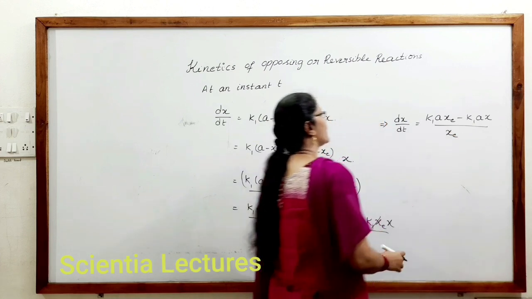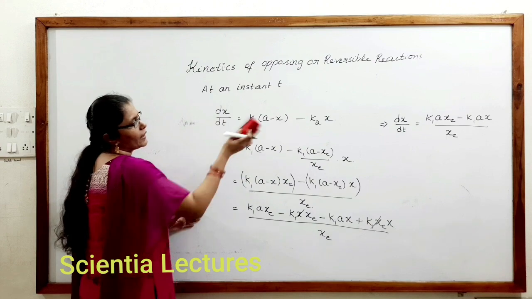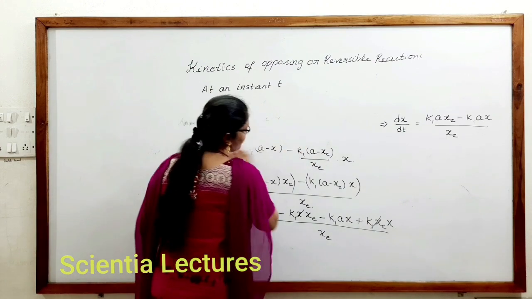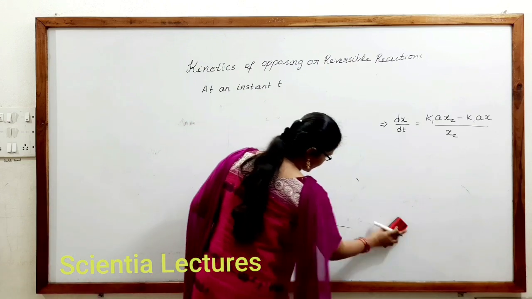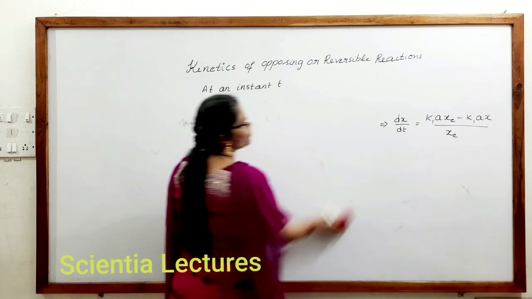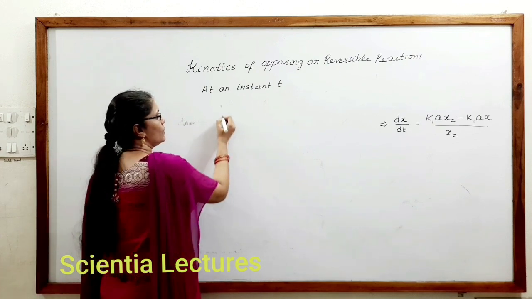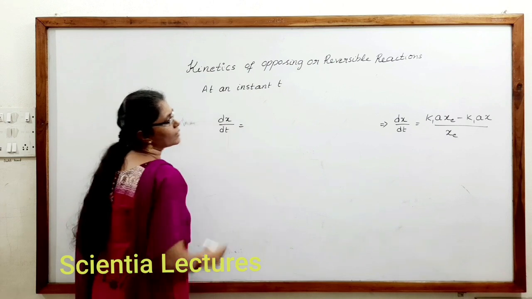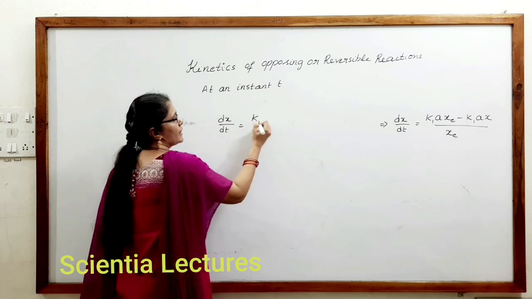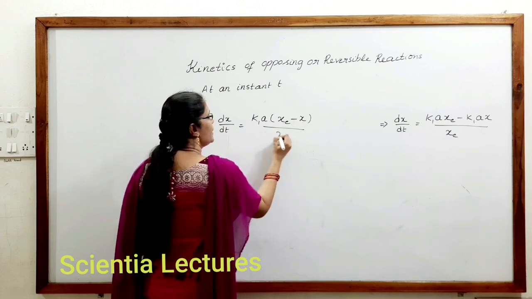So you can note down clearly up to here, and then we will see the continuation of the derivation of kinetics of opposing reaction or reversible reaction. Now here, what is it that we are going to get? dx by dt must be equal to K1 A is common, (Xe minus X) by Xe.